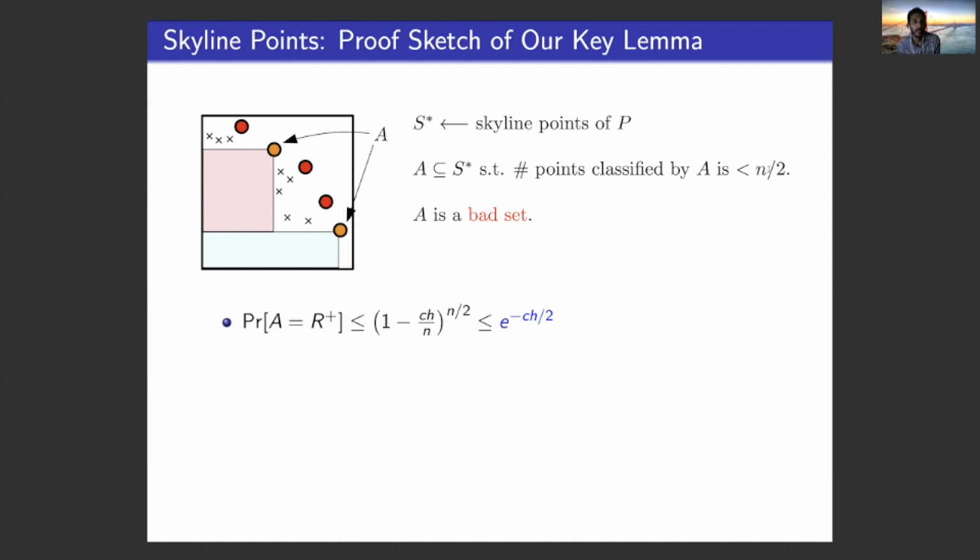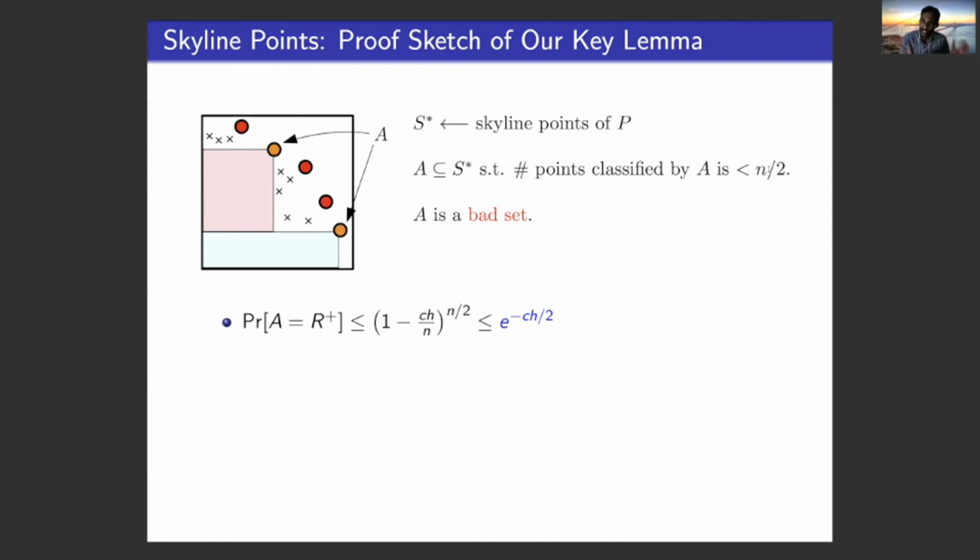So now remember that this update algorithm, which updates R to R plus. What we want to understand is, is it possible that our algorithm outputs R plus equal to A? If it does that, then it's not an effective iteration, because we didn't classify at least n over 2 points.